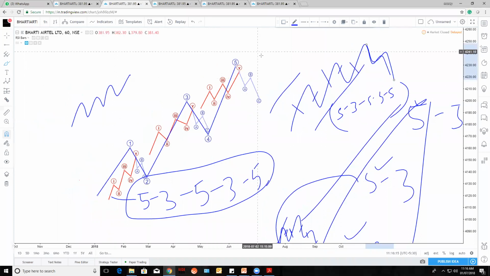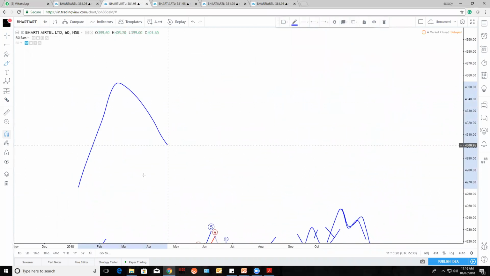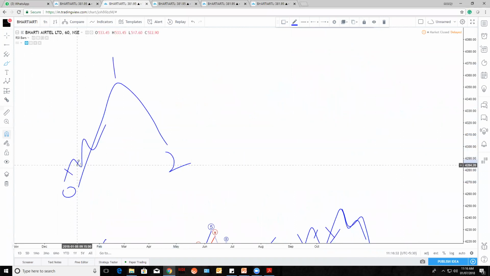But one impulse should contain, let's say this is one impulse, this is a second wave, 0, 1 and 2. It should be a 5 3 5 3 5 structure, which means internally it has 1 2 3 4 5, that means wave 1, wave 2, wave 3, wave 4 and wave 5. It contains 5 wave, 3 wave, 5 wave, 3 wave and 5 wave.